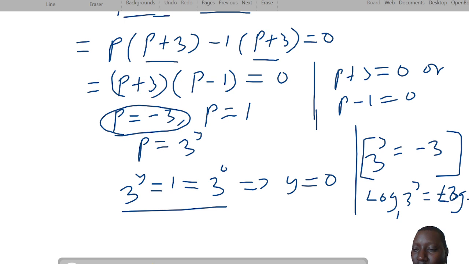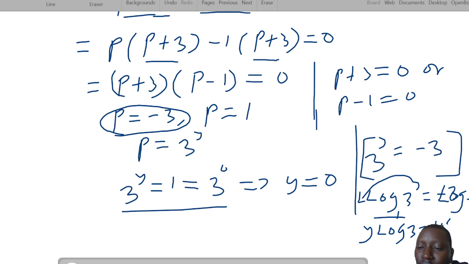Class, on the left hand side here, I have log of 3 power y. So basically, what we do here from the laws of logarithms, we can drop this power, and that implies that I'm going to have y log 3 is equal to the log of negative 3.